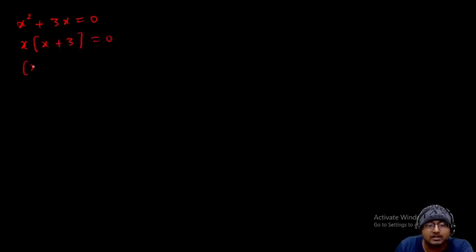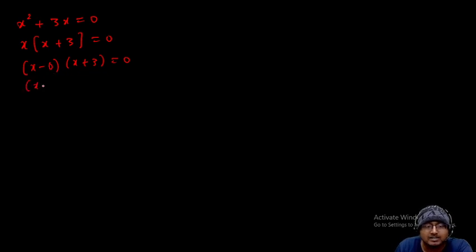So here directly in the example, x square plus 3x equal to 0 has been given. If you take x as common, you will get x into x plus 3 is equal to 0. So it can also be written as x minus 0 into x plus 3 is equal to 0. We can write it or not? x can be written as x minus 0.